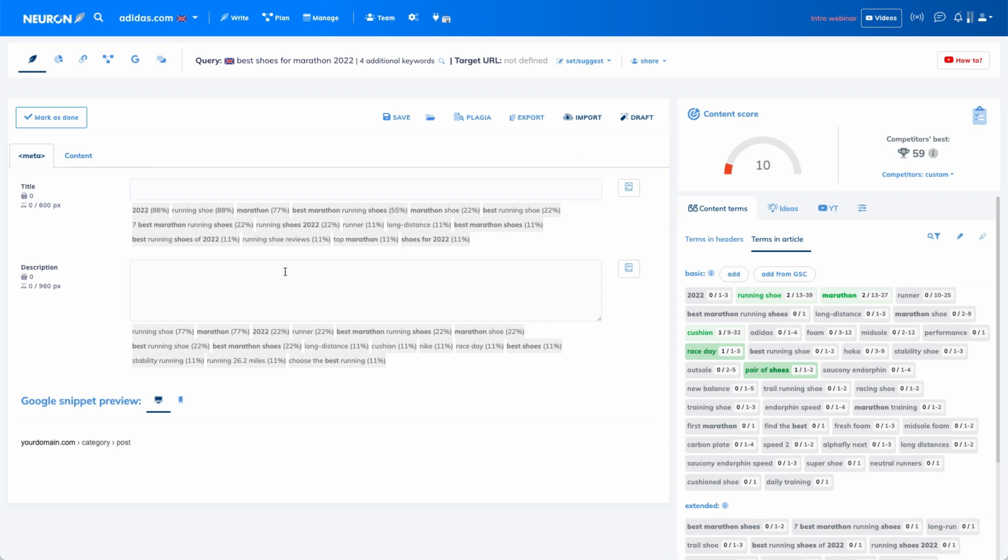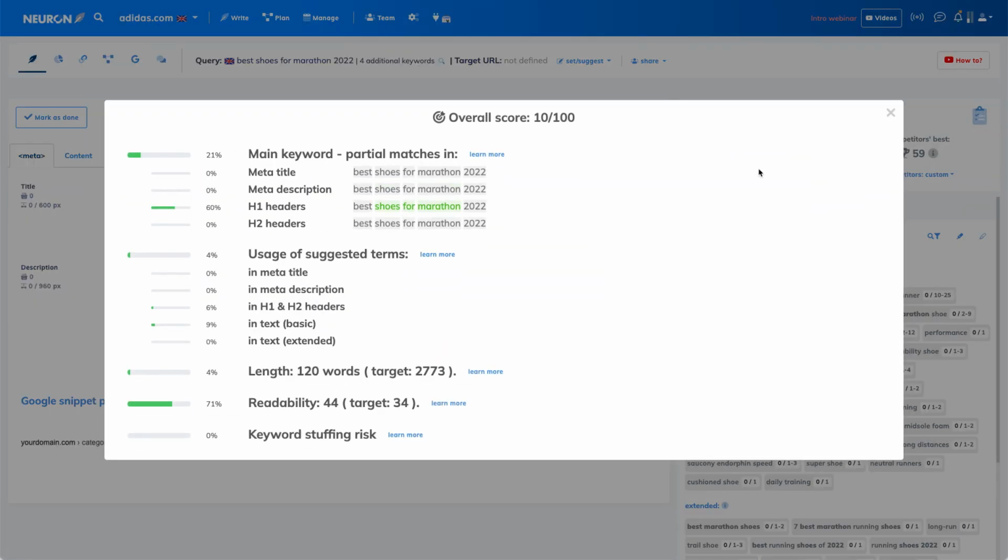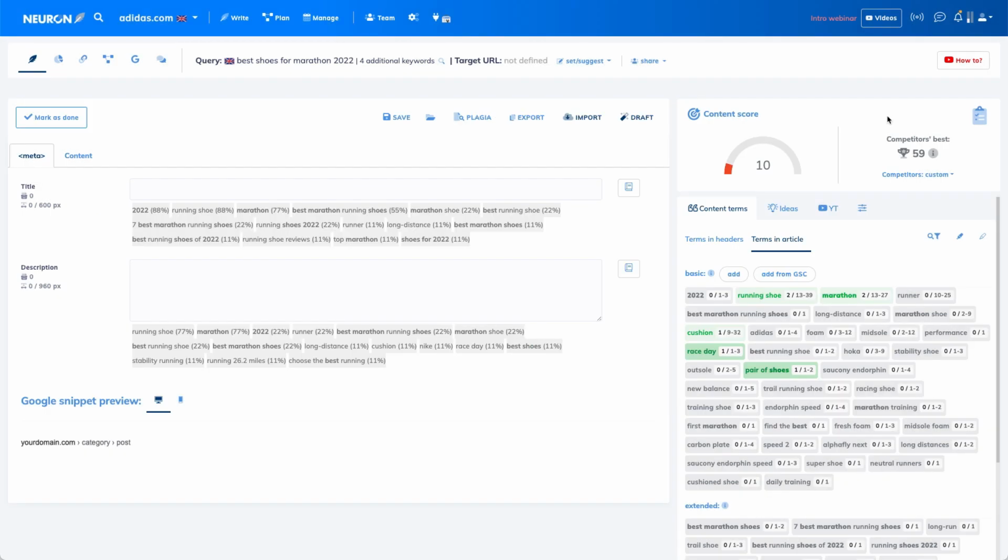Those are the main factors that could increase the content score. And in the checklist, you have the overall score, which gives you information on where you have opportunities to improve your content score, and indeed improving your content score gives you the chance to improve the visibility of this content piece.